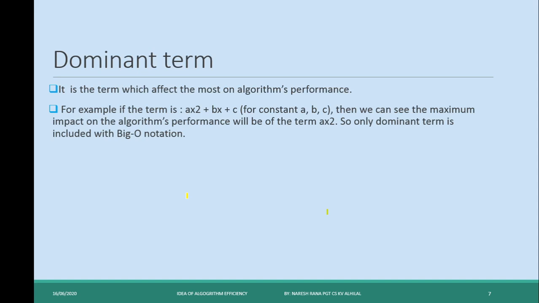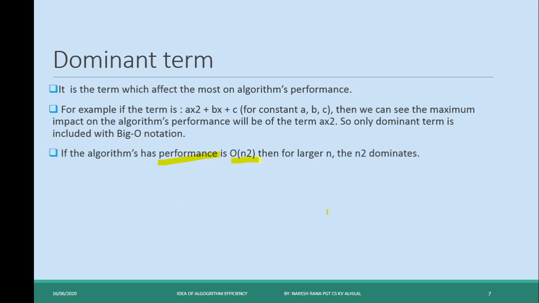So only the dominant term is included in big O notation. If the algorithm has performance O(n squared), then for larger n, the n squared term dominates.